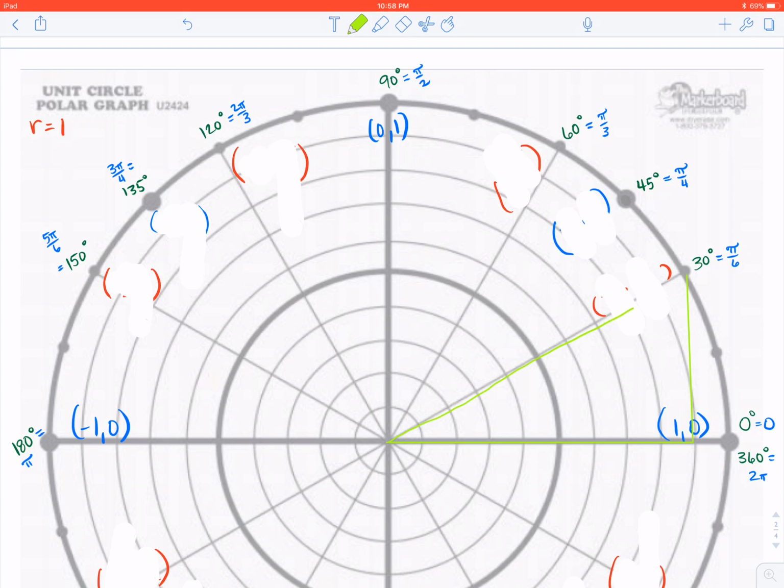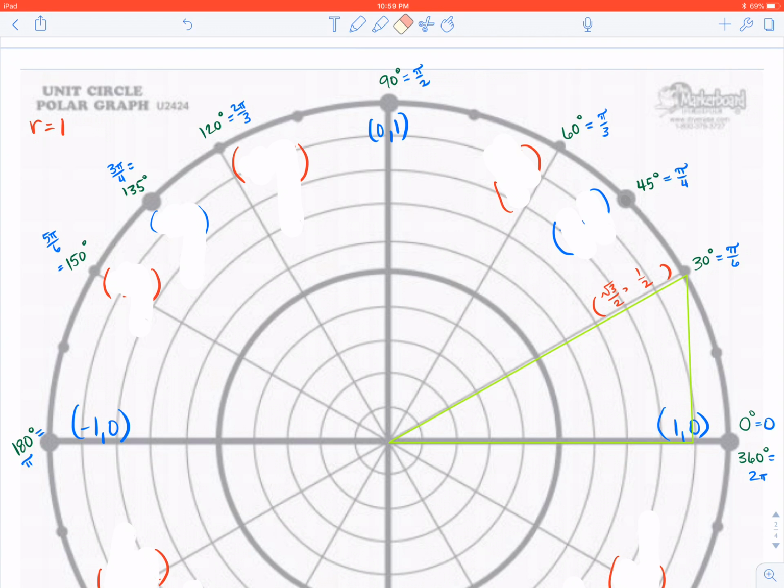Here is my hypotenuse. Once again, that hypotenuse, or the radius, is going to be equal to 1. I think you'll be able to look at this green triangle and see that there is a long leg and there is a short leg. The long leg is my x value. So remember, the long leg is the √3 over 2, and the short leg is my y value in this case, so that's going to be a 1/2.